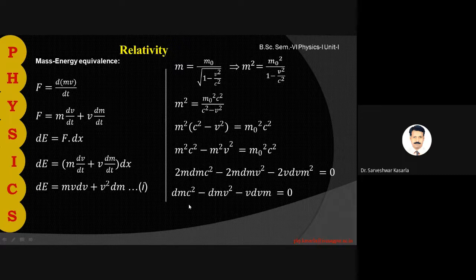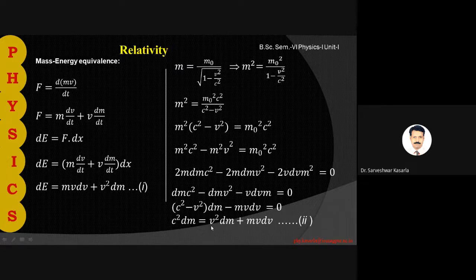So if you rearrange this, you will get c square minus v square into dm. We have taken this dm common: c square minus v square into dm minus mv dv is equal to 0. Then finally c square dm is equal to v square dm plus mv dv. This is equation number 2.